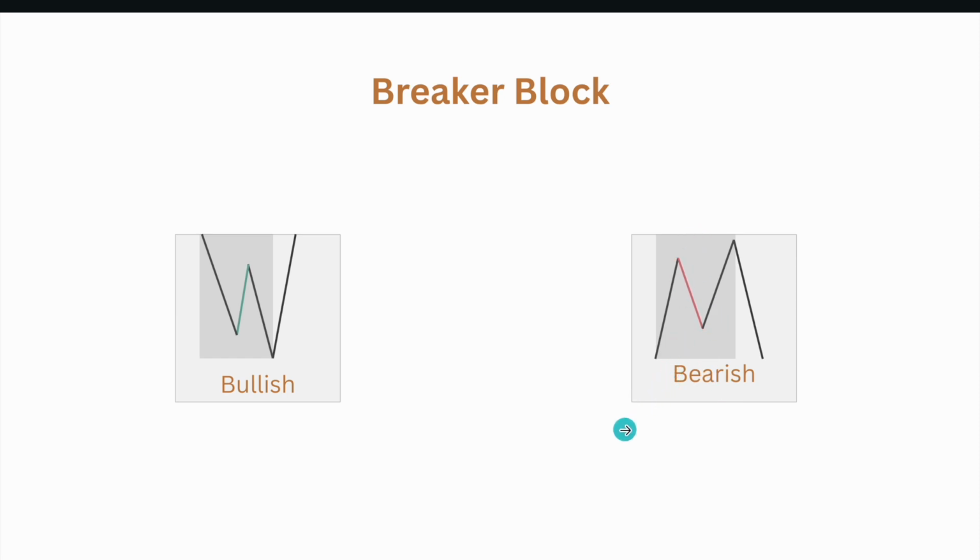So in an uptrend, after retracement, this bullish order block tries to push the price higher, but price fails to reach a higher high and reverses the direction, which causes this bullish order block to fail. So it is called a bearish breaker block.